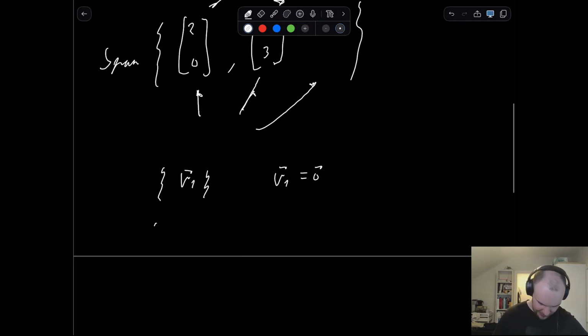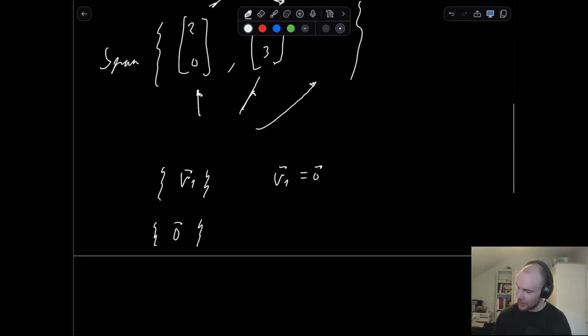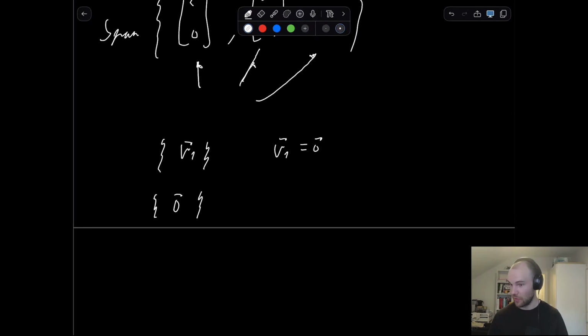Because if I form other vectors from it, I still get the same thing. I need the constants to be 0, but in this case, our vector was 0. So it's dependent. Which means that if this guy wasn't equal to 0, then it would be independent.